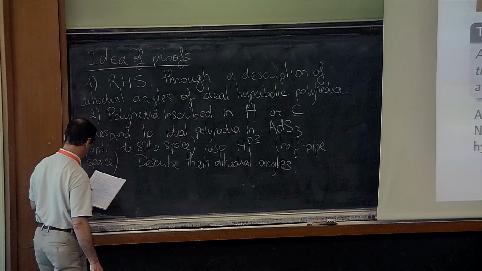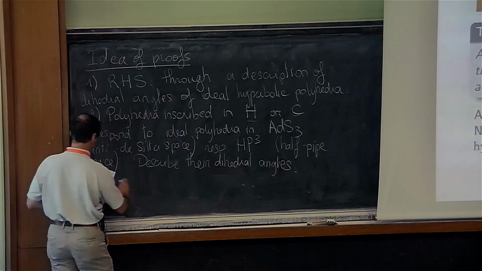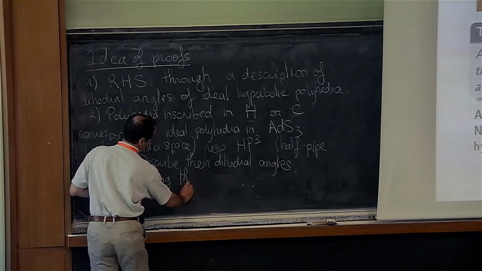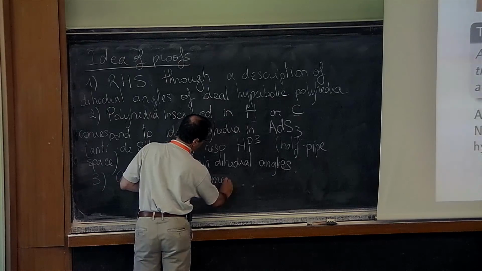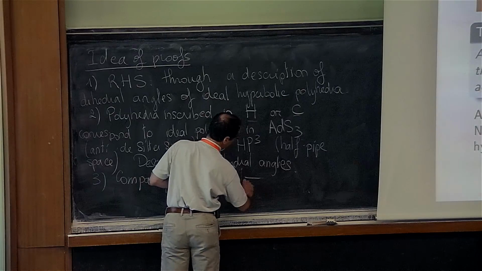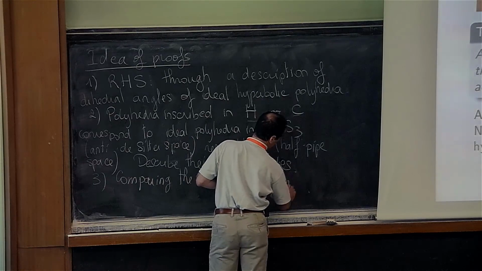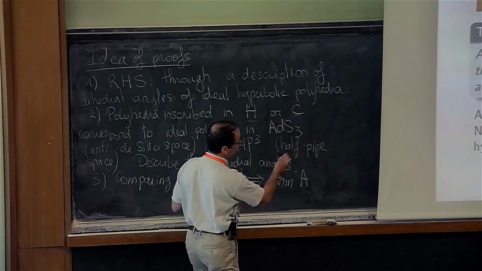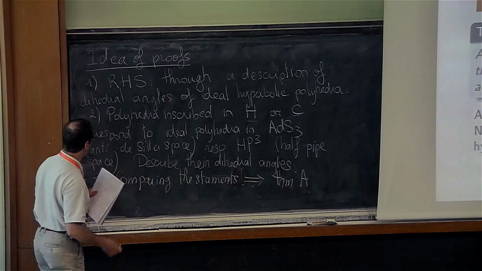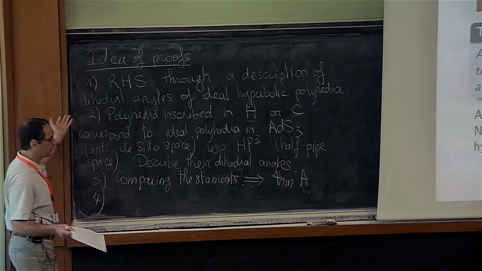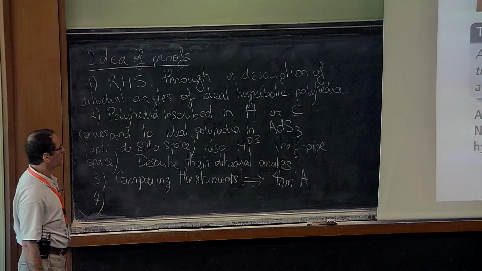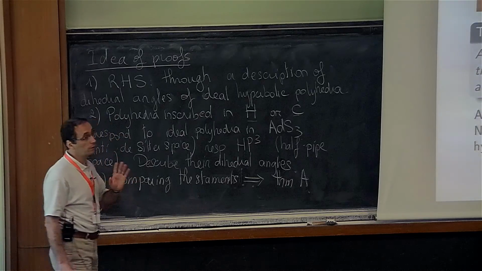Now the third thing that we're going to do is put the two statements together, and this is going to lead to the proof of this theorem that I have here, which I'm going to call Theorem A. And the third point that I'd like to stress is that it looks like we do the same thing in ADS3 as what is done in hyperbolic space, and the point is that this doesn't really work that way, because the proofs have to be done in completely different ways.